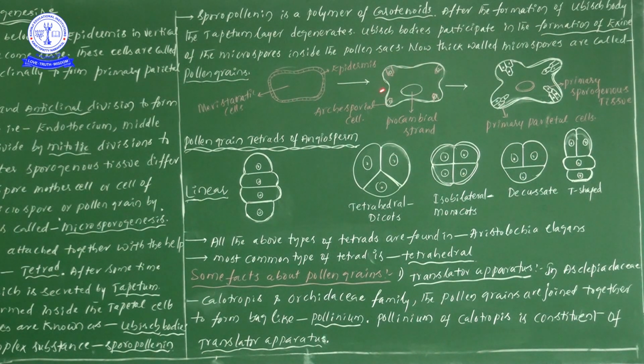On the side here is the connective tissue. Here the filament will be there. The entire structure is the young anther, and the filament. The filament and anther are both attached at the connective tissue only. Within the connective tissue, one important point they have given is that this connective tissue contains vascular bundles.